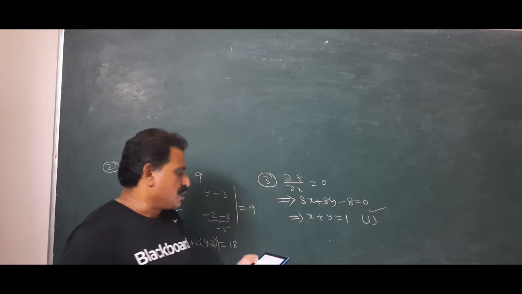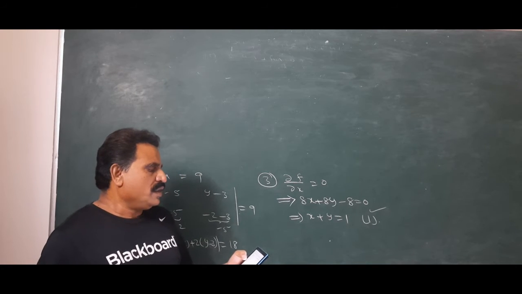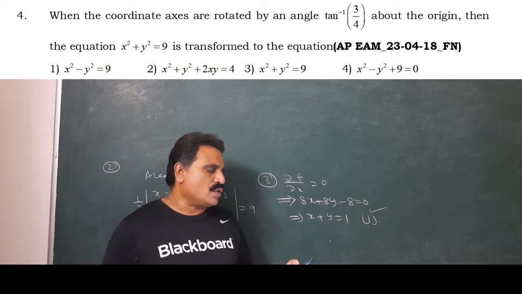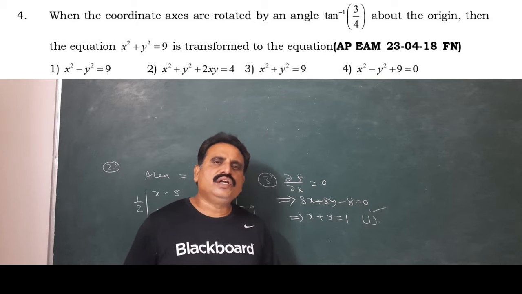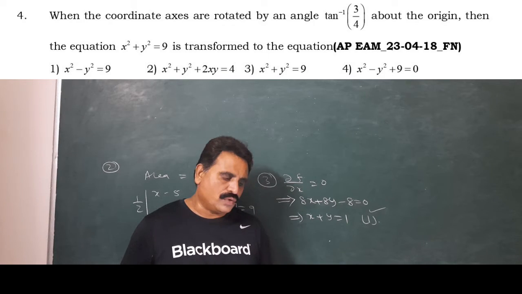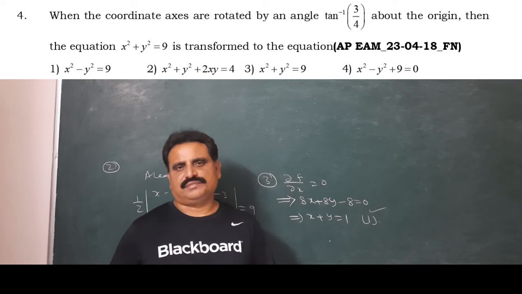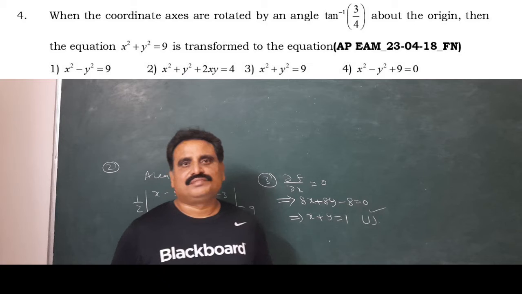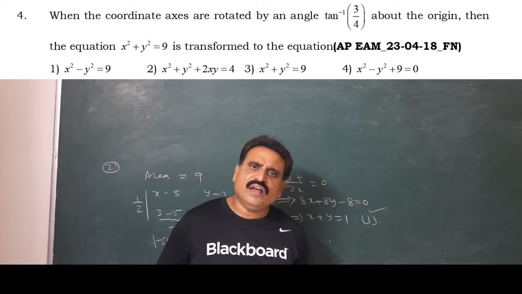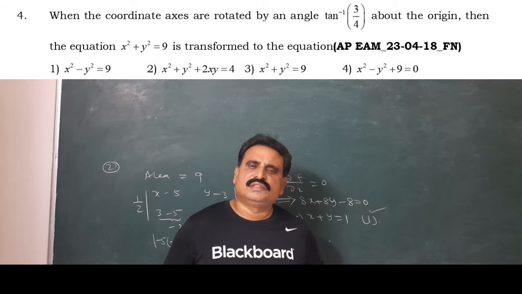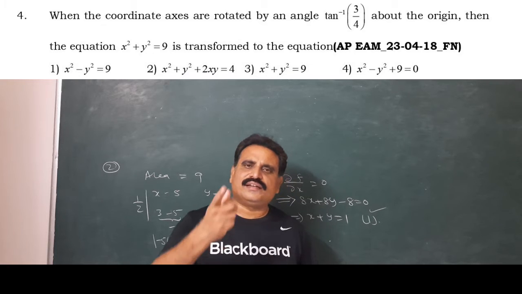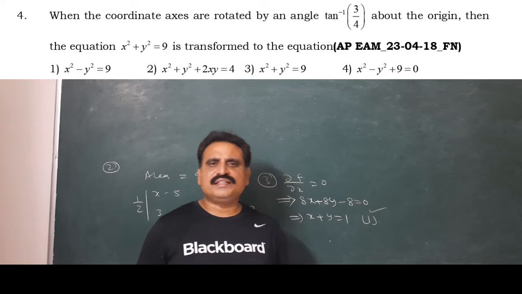Next, question number 4. When the coordinate axes are rotated by an angle theta equal to tan inverse 3 by 4 about the origin, then the equation x square plus y square equal to 9 transforms to the equation. Very good question. Here, the angle of rotation is theta. X square plus y square equal to 9 represents a circle.